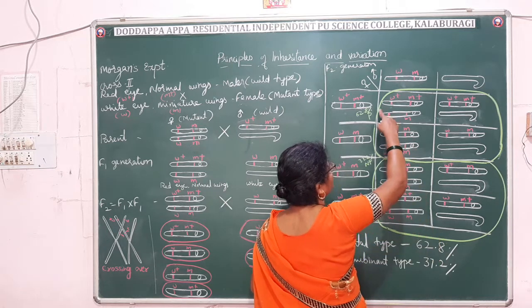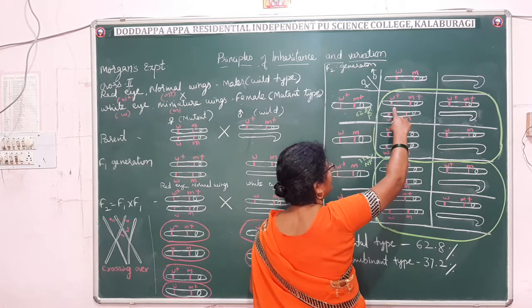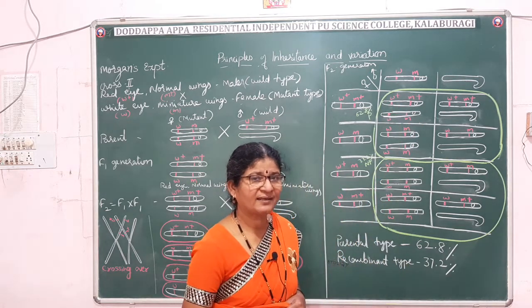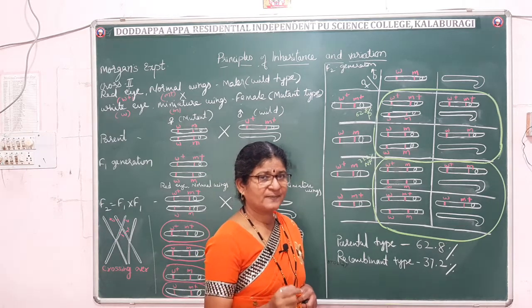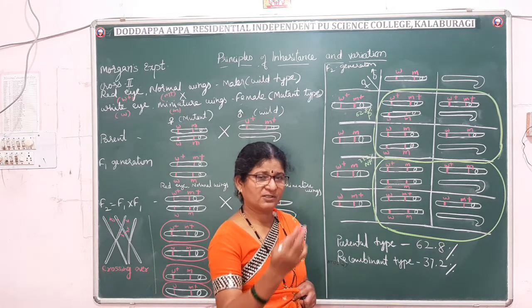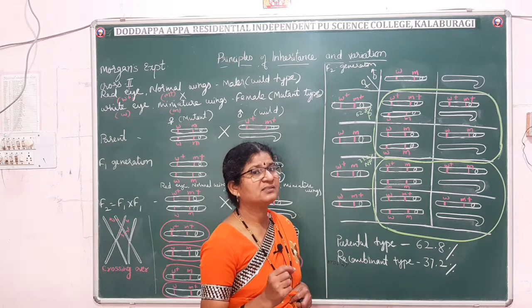So here we wrote the progenies. When you take this progeny, as the wild type genes are there, what kind of phenotype, what kind of character does it express? It will express the wild type because of the law of dominance, because it is dominant. Fine. Wild type is natural one and is dominant.